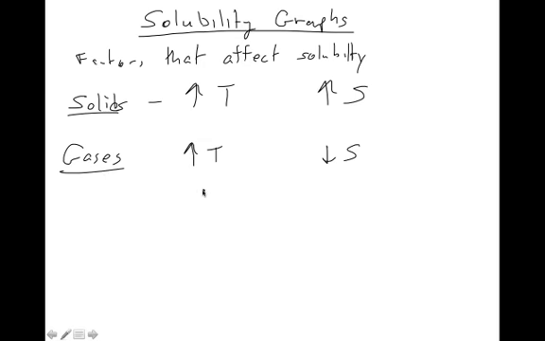But there's another one with gases. If we increase the pressure of a gas, we'll increase the solubility as well. An example of this is with your Coca-Colas, Dr. Pepper, whatever you drink. That bottle is packaged under a lot of pressure. It's almost 100 psi, if I remember right.